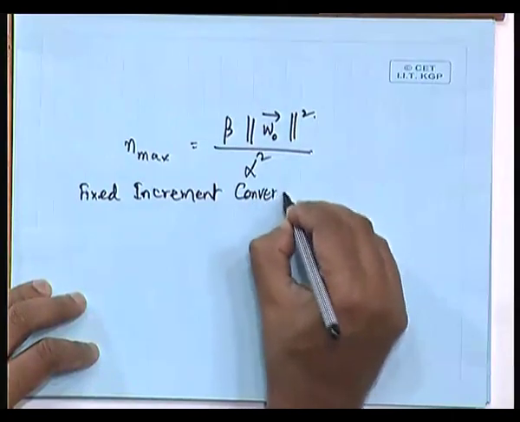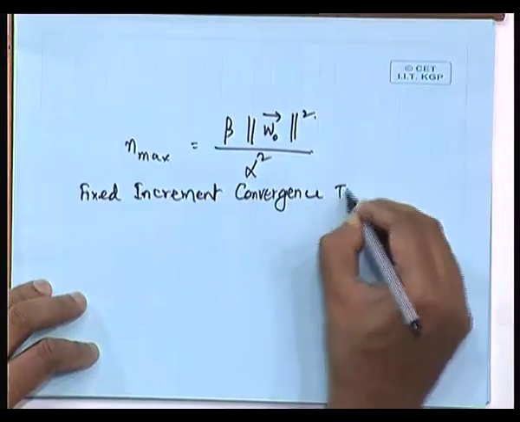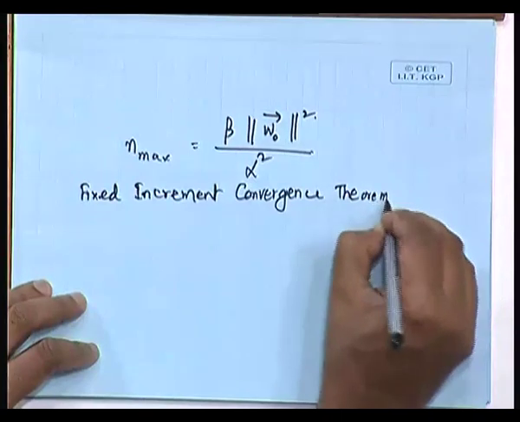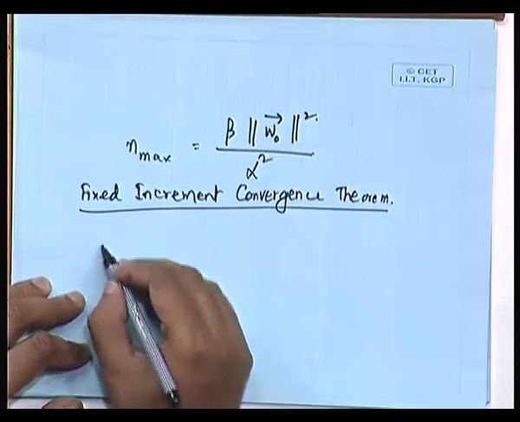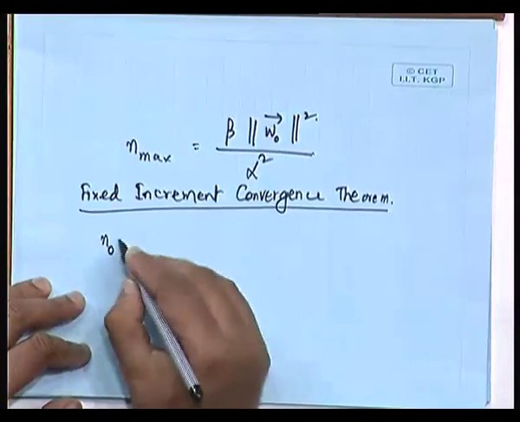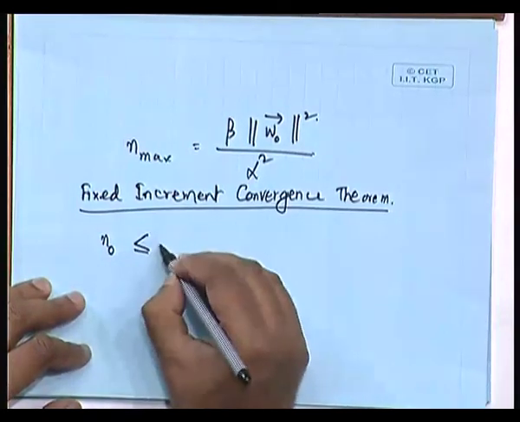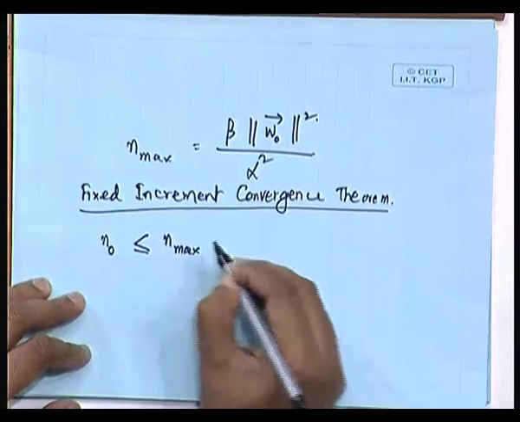Now, we just state this fixed increment convergence theorem. What it says is that we have some n0 which is less than or equal to n max.